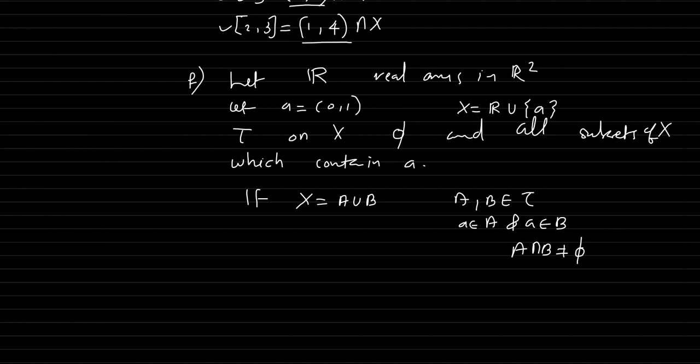So for any two non-empty open sets A and B with X equal to A union B, we have a common point a, at least one common point. Therefore X is connected. X cannot be written as the union of two disjoint non-empty open sets. Therefore X is not disconnected. Therefore X is connected here.